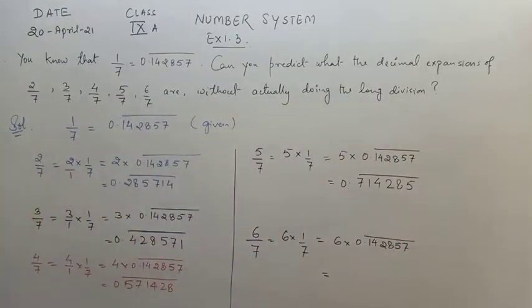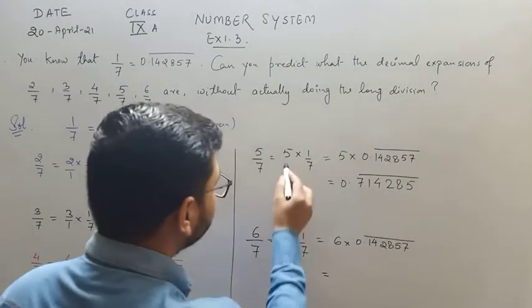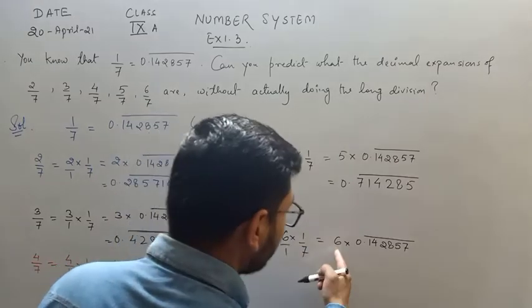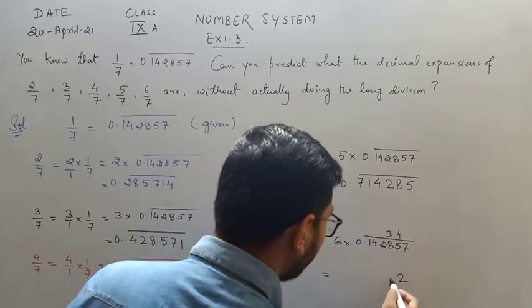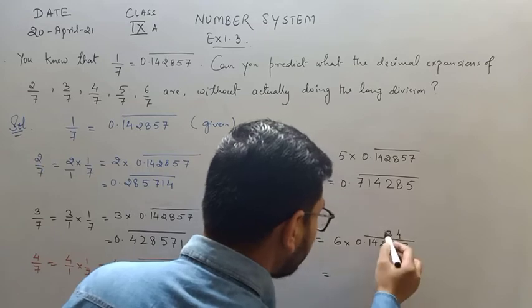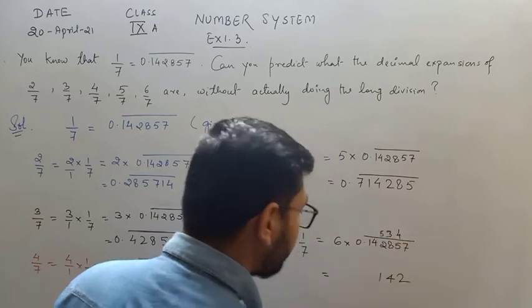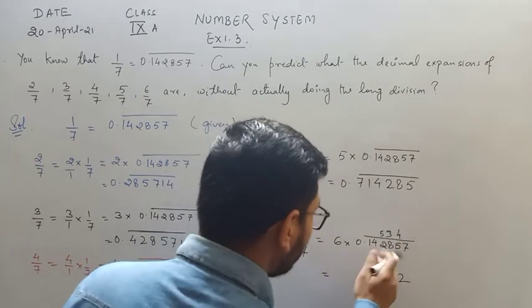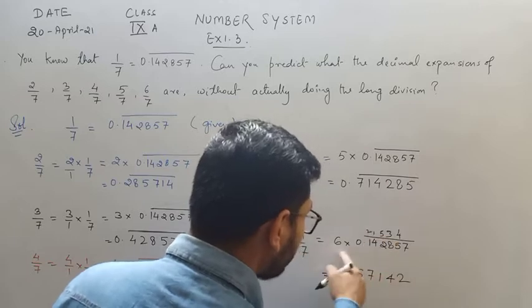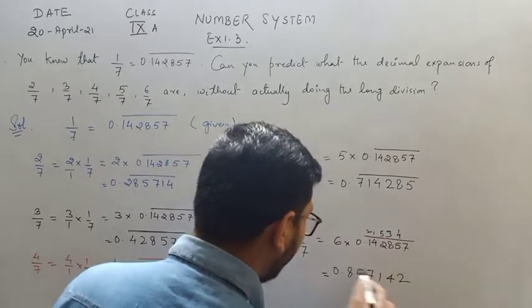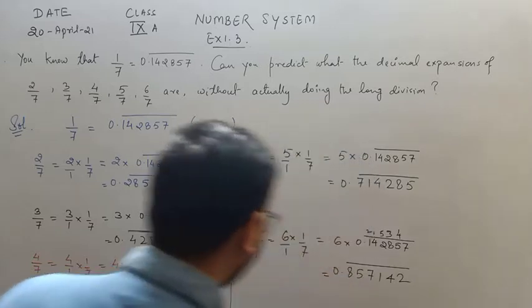Similarly, the decimal expansion of 6 upon 7 will be: 6 sevens are 42, 6 fives are 30 plus 4, 34, 6 eights are 48 plus 3, 51, 6 twos are 12 plus 5, 17, 6 fours are 24, 1, 25, 6 ones are 6, 7, 8. So 0.857142.